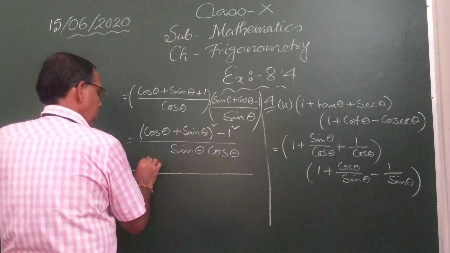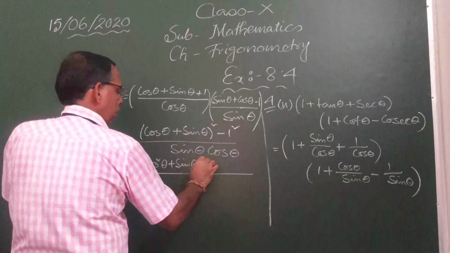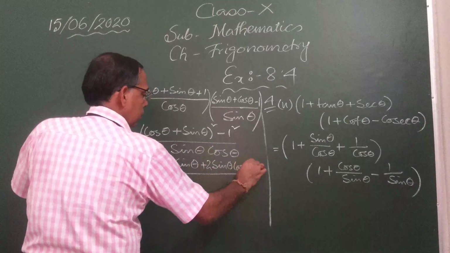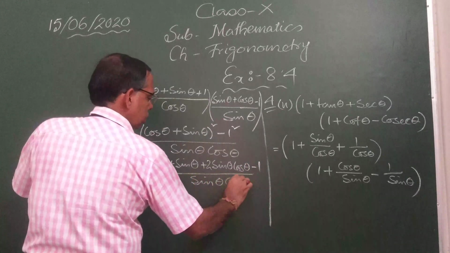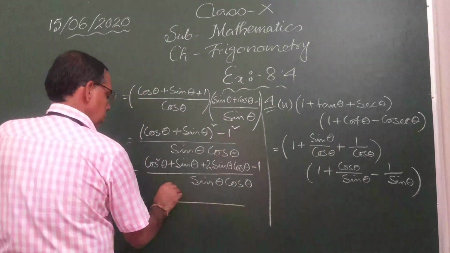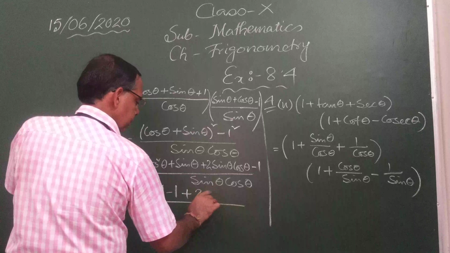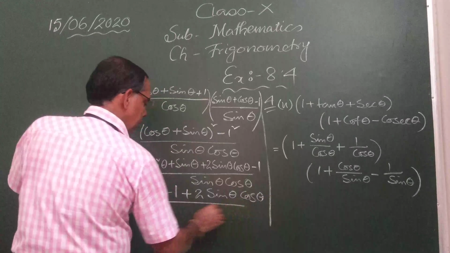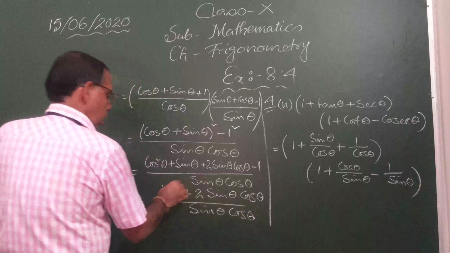Then what is that? Identity formula: (cos²θ + sin²θ + 2 sin θ cos θ − 1) divided by sin θ cos θ. Then finally, see, 1 − 1 + 2 sin θ cos θ divided by sin θ cos θ, and then 1 cancels.